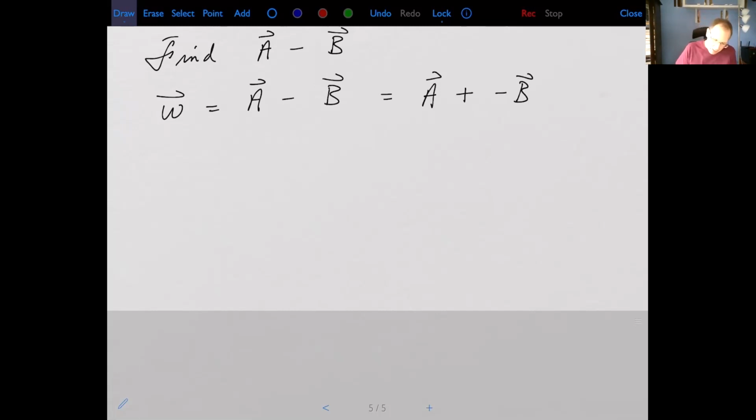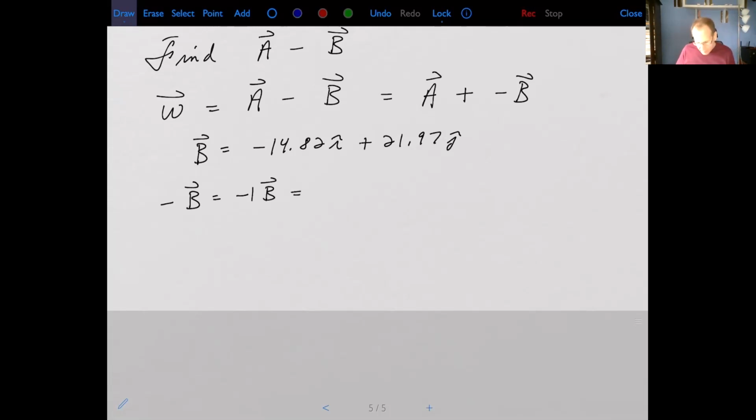So how do we find negative vector B? First of all, let me write down B again. Let me go back here. B was negative 14.82 I plus 21.97 J. Negative B really means -1 times B. And how do we multiply a vector by a scalar, by just a number, -1?